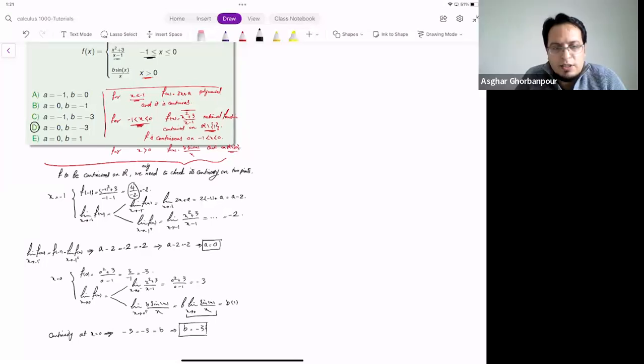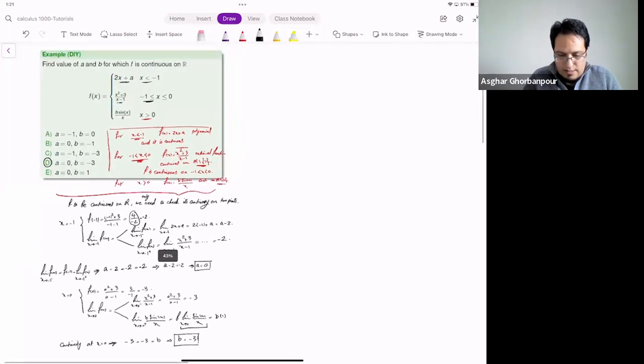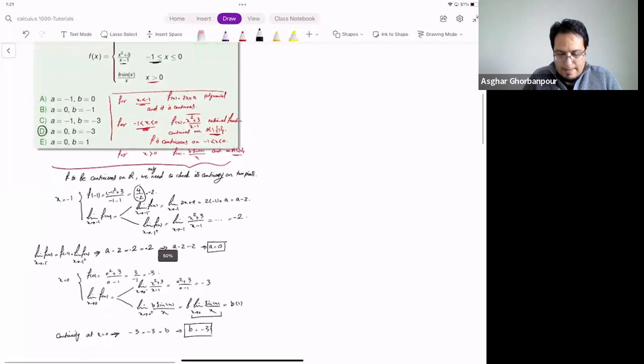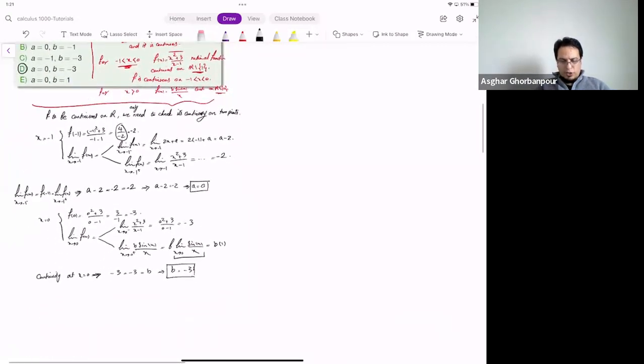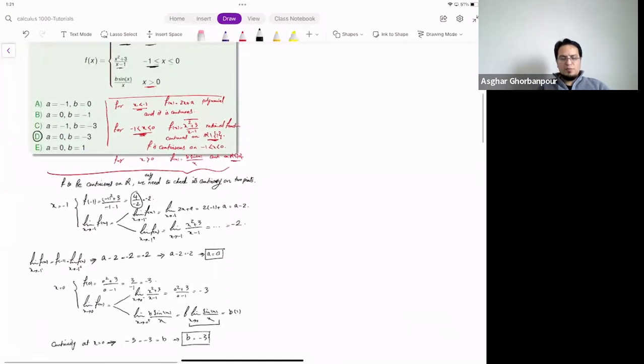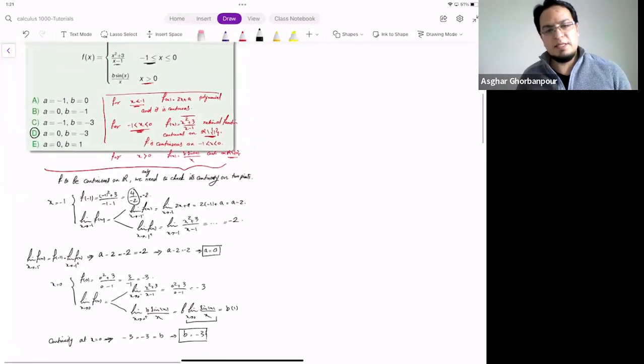Any other question? Any other comments? I think this covers a good portion of continuity. There is one topic, IVT, the intermediate value theorem, which is covered in week 4, and we will do examples for that early next week.